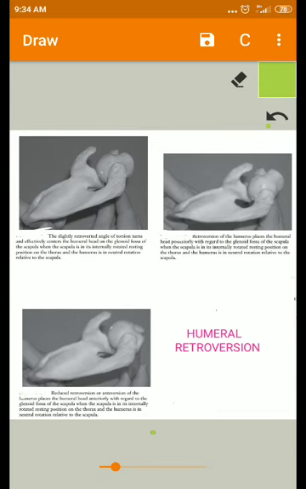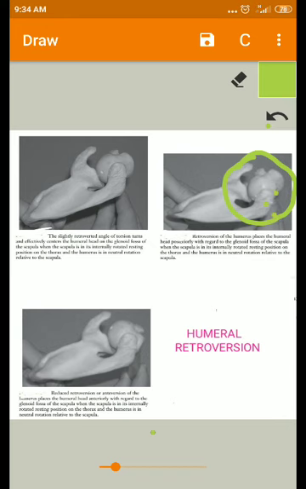Such retroversion can be seen in these persons. There is evidence, and if you check those persons, they will have more posterior rotation of the humeral head.